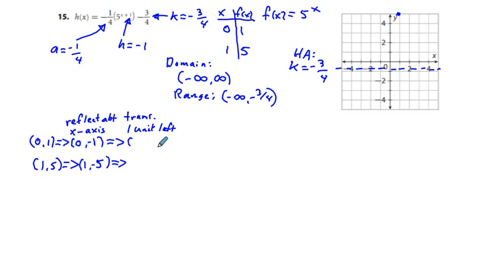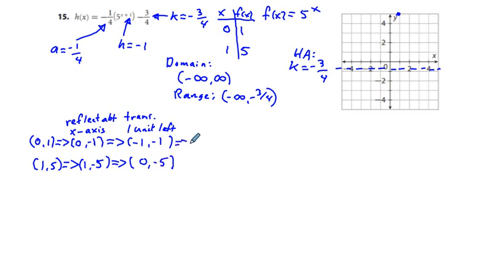So what we do is we take that first x value of 0, and we subtract 1, so we get -1, -1. For the second one, we take 1 minus 1, or 0, so we get 0, -5.